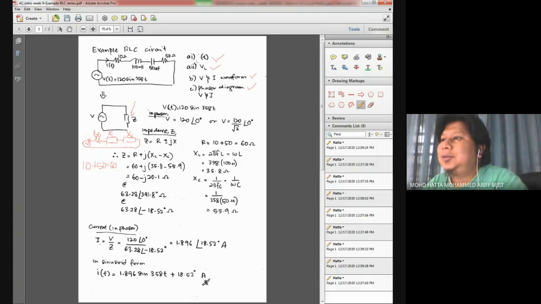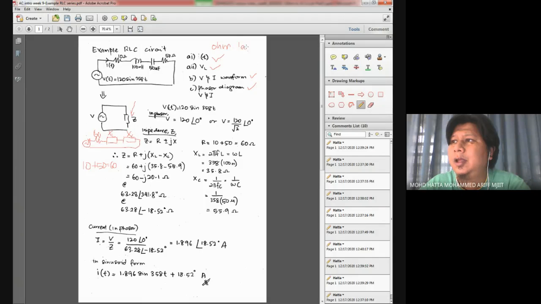Anyway, to solve the first question, i(t). You know that to get this i(t), you will apply Ohm's law. And Ohm's law says that V equals IZ. Here, see here, V equals IZ.